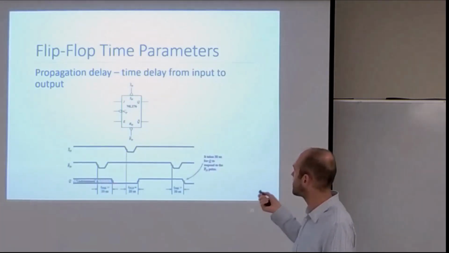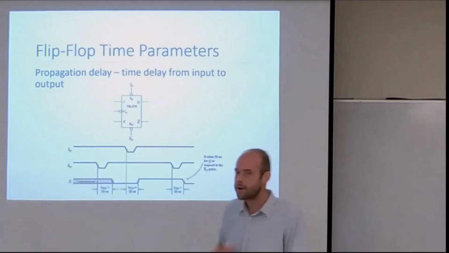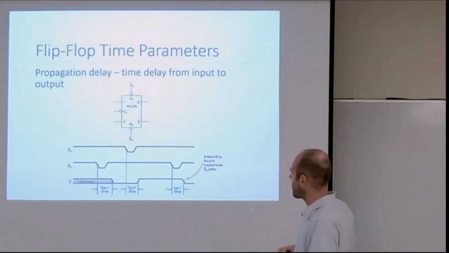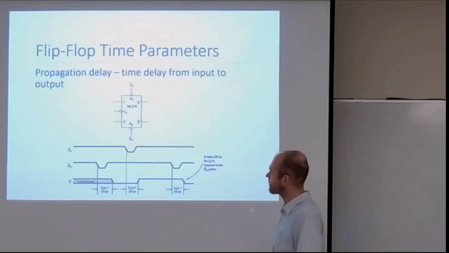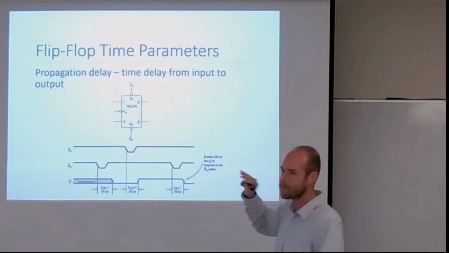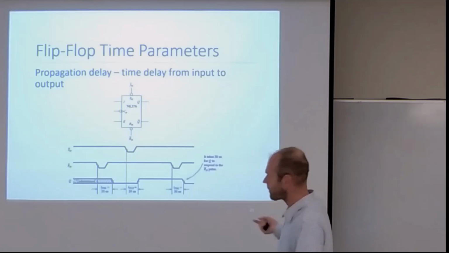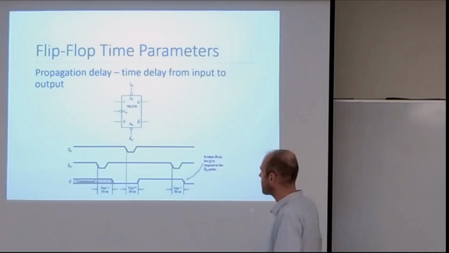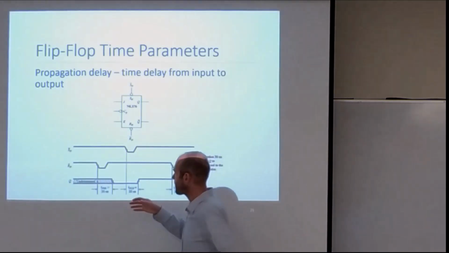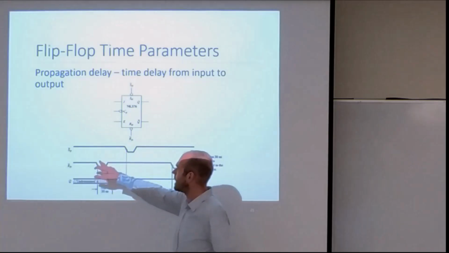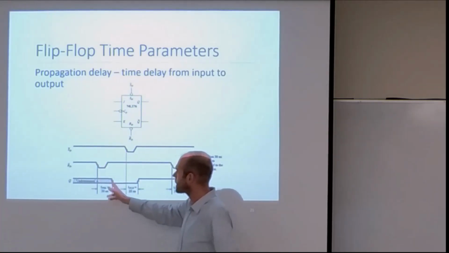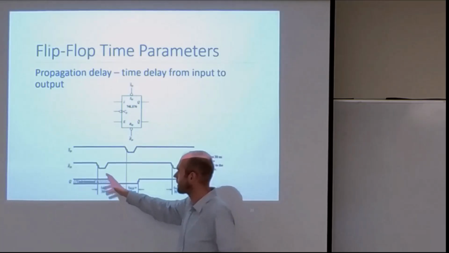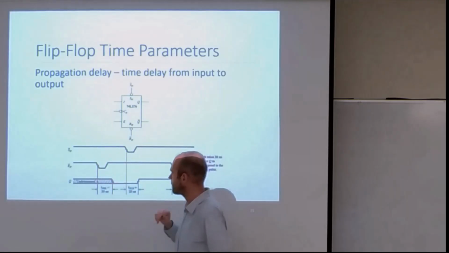And then delay from input to output. We've already talked about propagation delay previously, especially in terms of our flip-flops connected one to the next if we had a ripple counter, for example. So there's an amount of propagation delay between an activated input and before that effect has made it to the output.